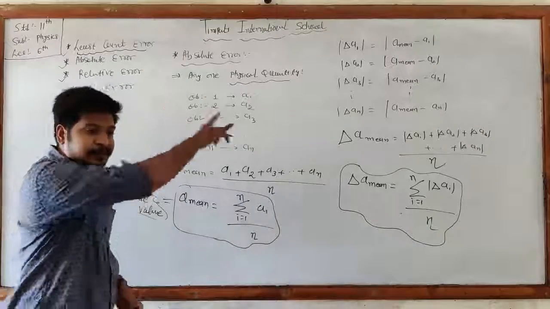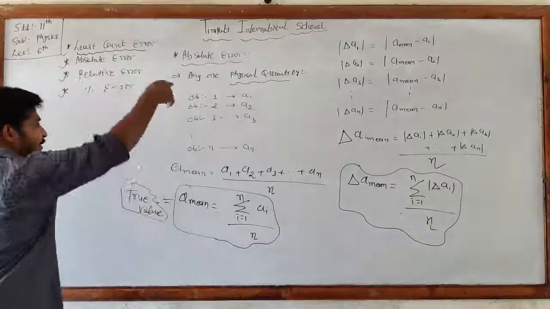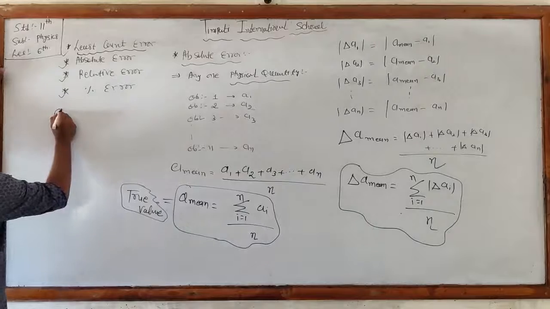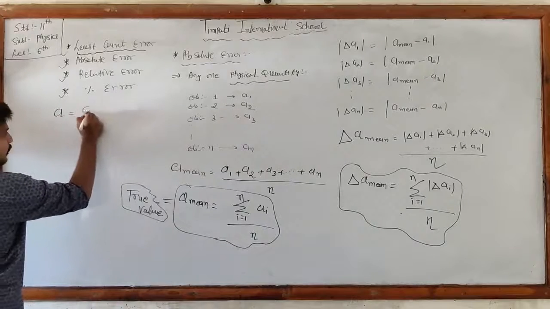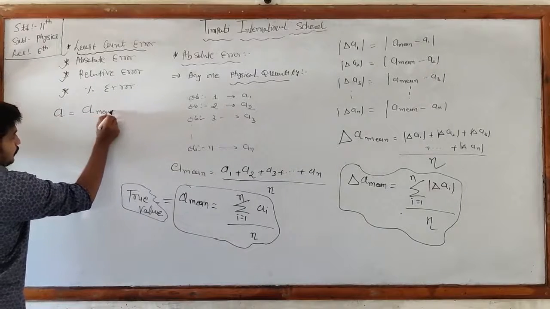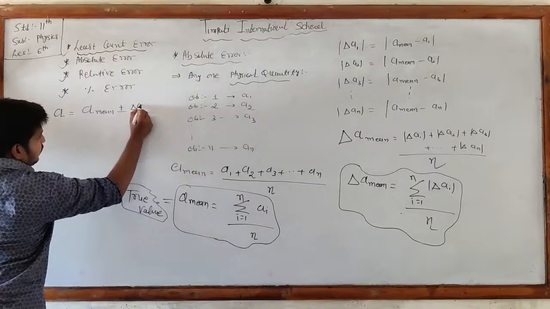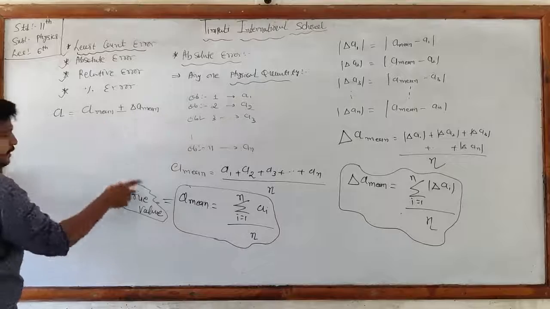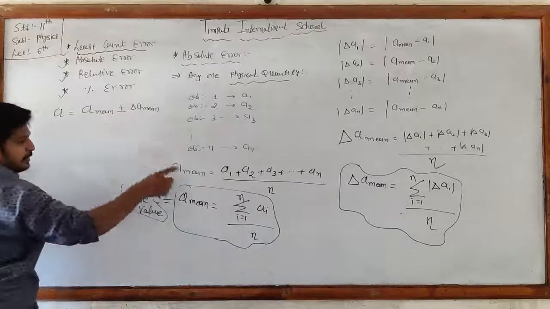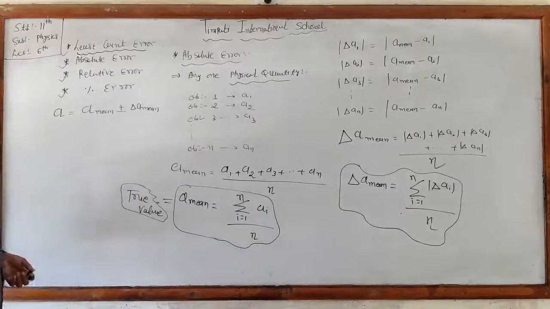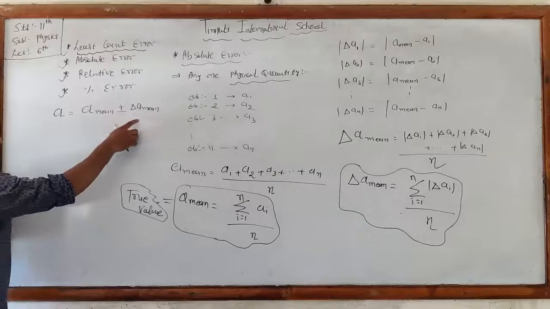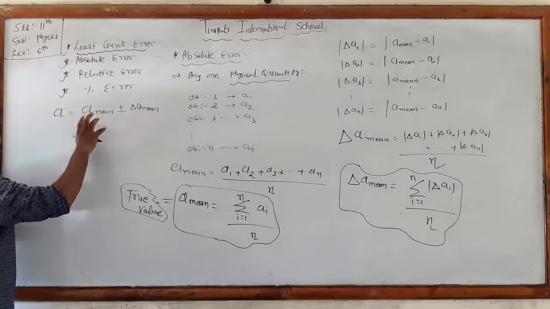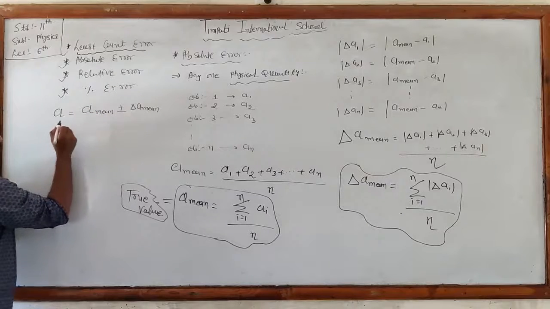So now what is the measurement actually? The measurement of that physical quantity, denoted by A, is equal to A mean plus or minus delta A mean. Okay? So A mean is this value, and delta A mean is this value. Suppose I am taking a mass, denoted by m.